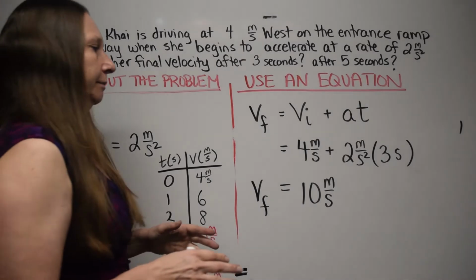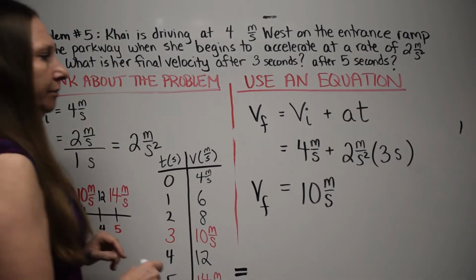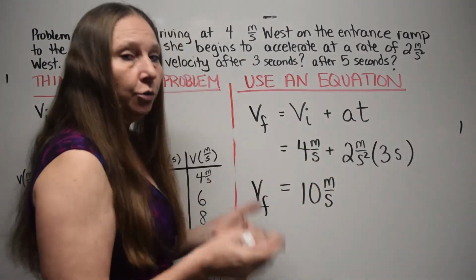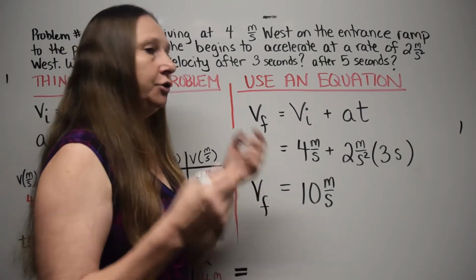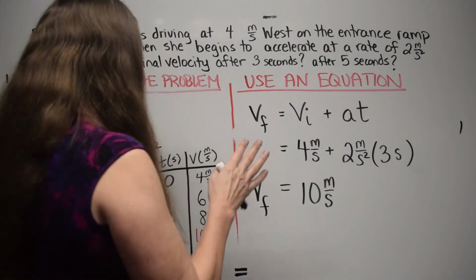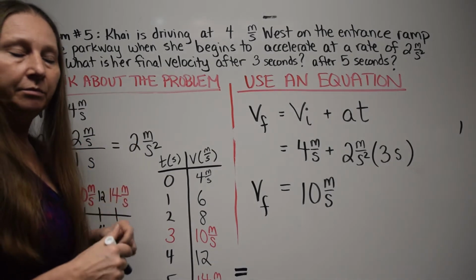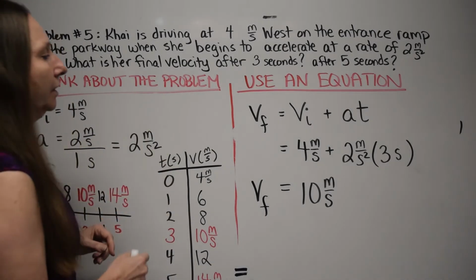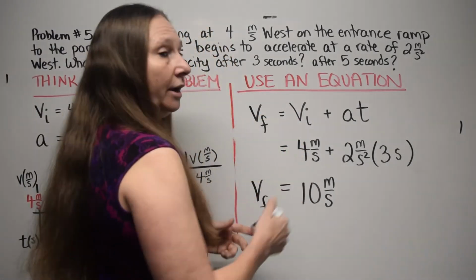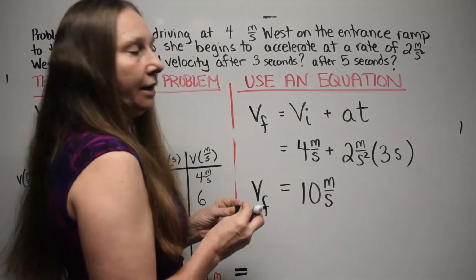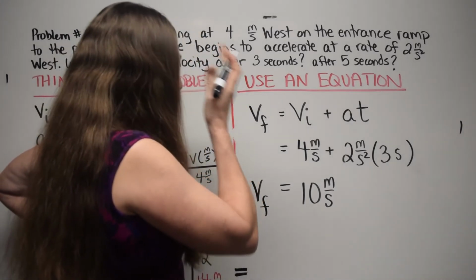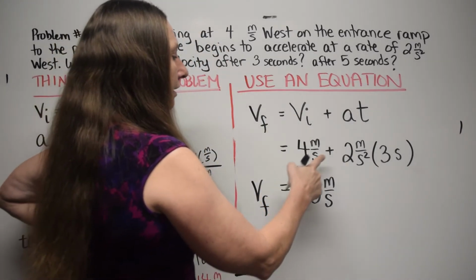So you see, whether you think about it logically or you use the equation, you're doing the same math. The difference is you're doing the math in your head, or on your fingers, or on a chart, whatever is the easiest way for you to think about it, okay? And then with the equation, you're doing the math on paper. You're writing everything down. So my initial velocity was 4 meters per second.